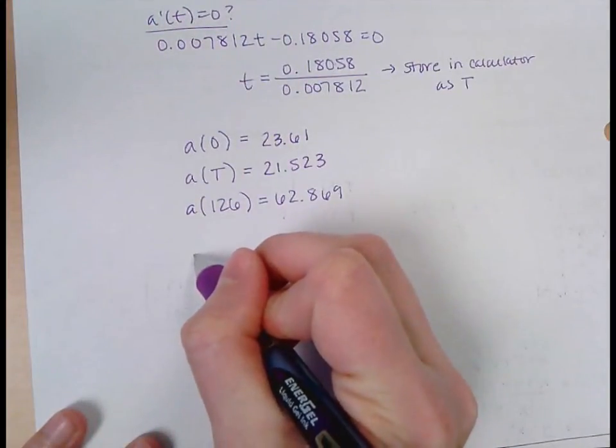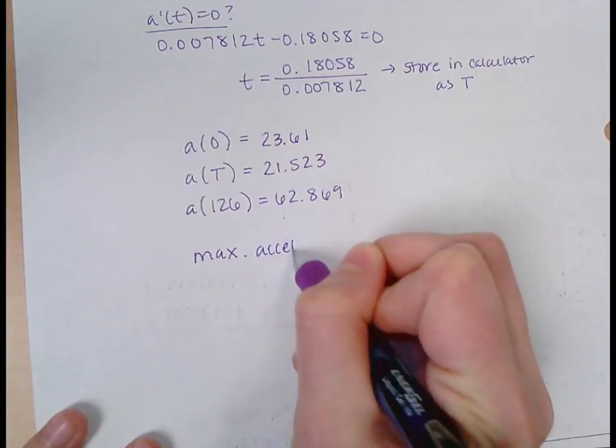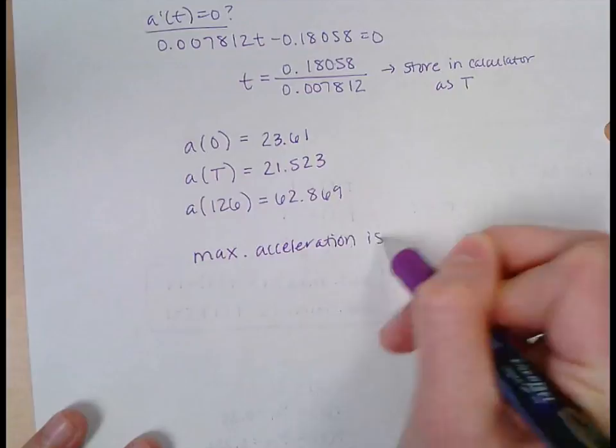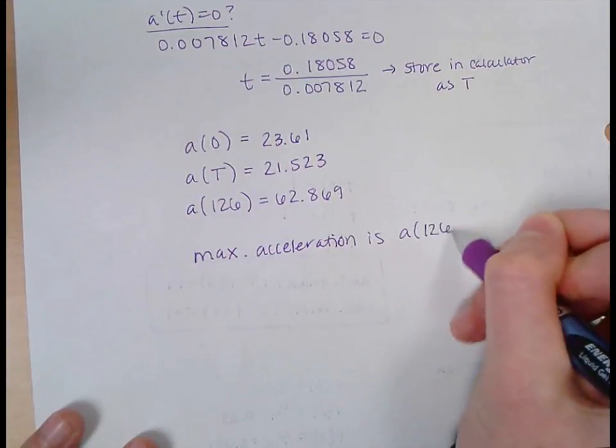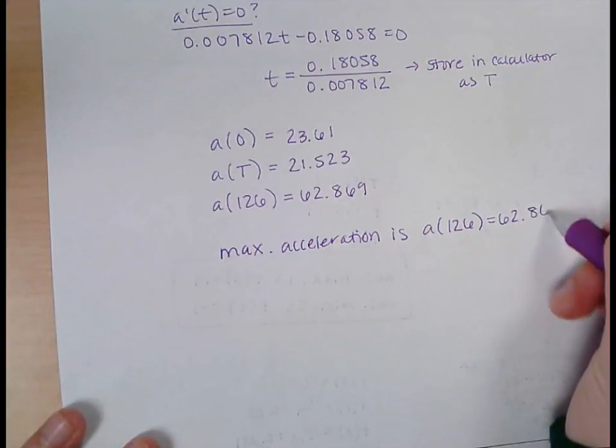All right, so then max and min for the acceleration. So I could say max acceleration is A of 126, 62.869.